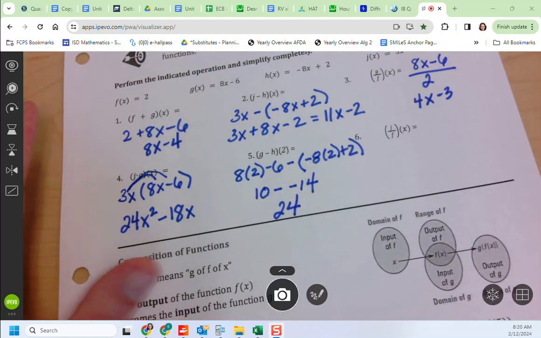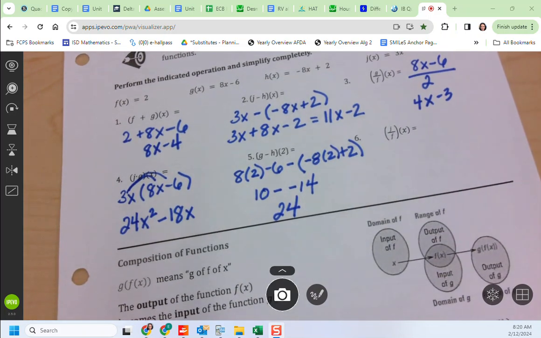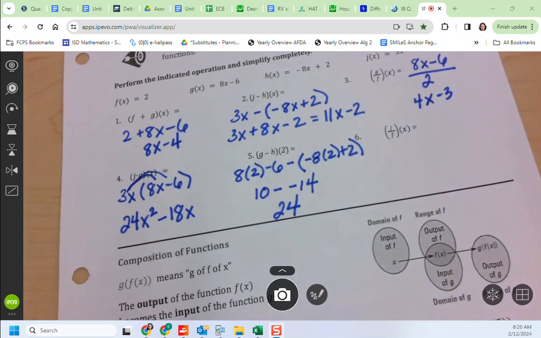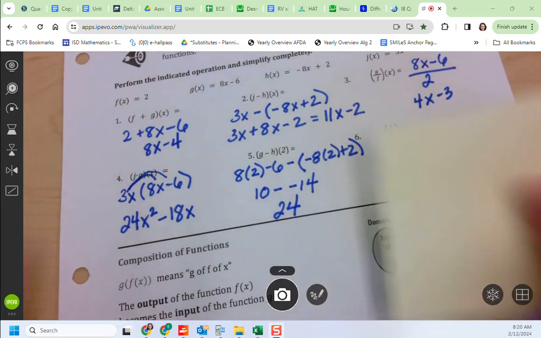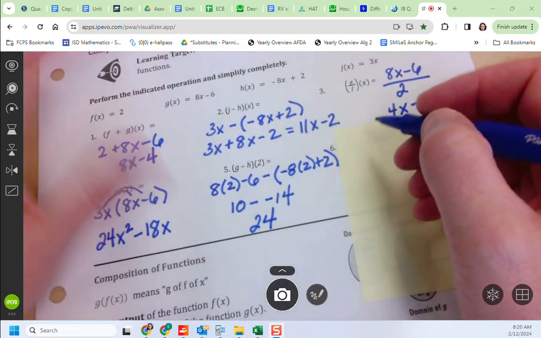Did anybody solve the problem that way? All right, who solved it a different way and still got 24? I know Nate did. Did anybody else solve it a different way and still get 24? So let me show you Nate's method, which also worked. Same problem. He just did g minus h first.